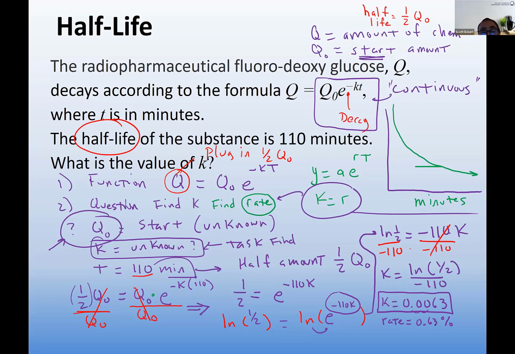But it is per minute. This is in minutes. So it's a decay rate in minutes. I don't know if that's a good decay rate or not, but at least I know it's decaying continuously every minute.